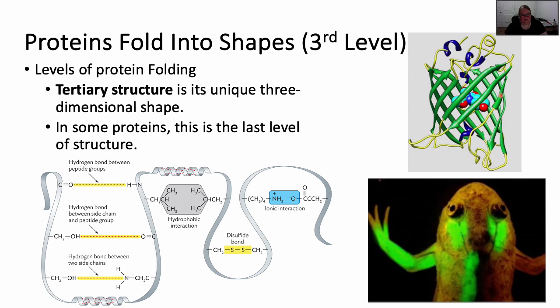Now, remember I said tertiary structure is the main structure that's interrupted by prions in mad cow disease. Our misfolded protein is not going to have the correct 3D shape, so the correct tertiary structure, in order to do the job that it was originally built for.